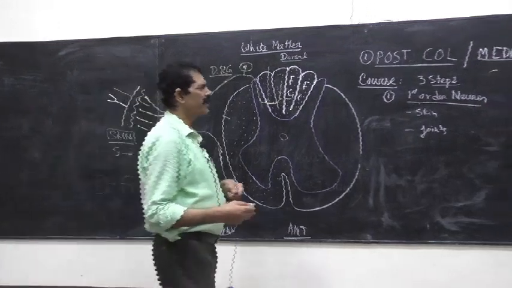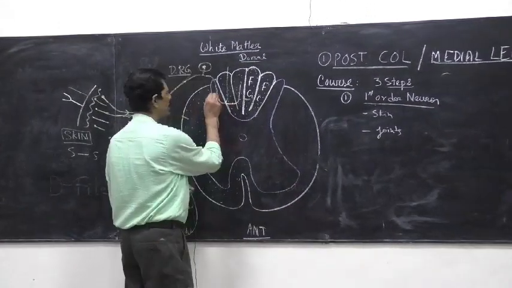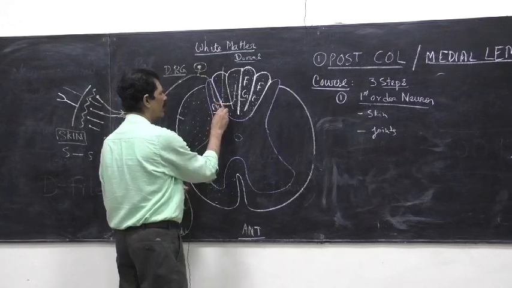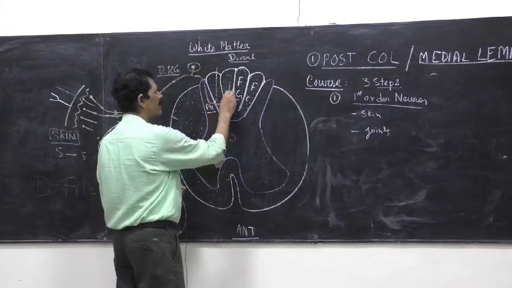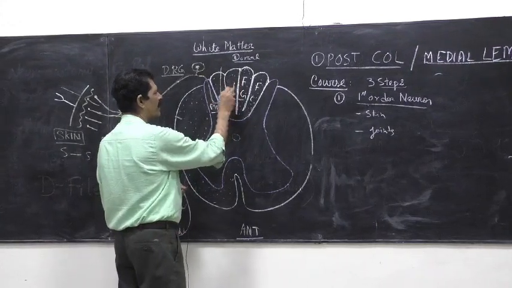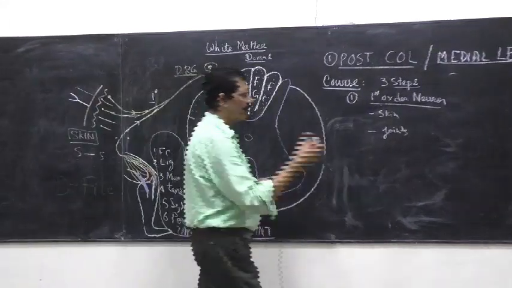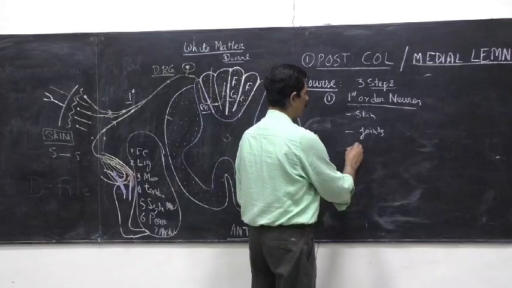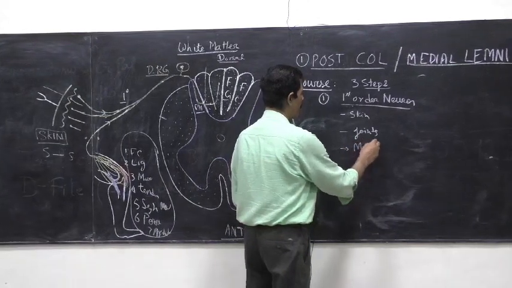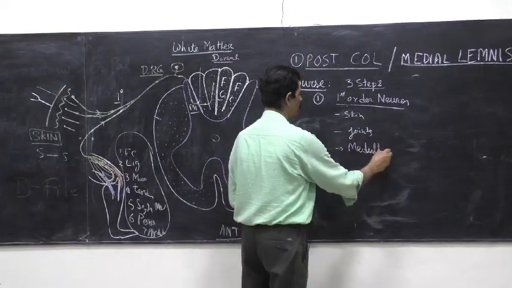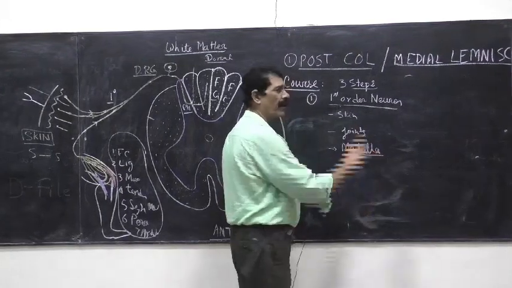Now after that, these first order neurons reach the posterior horn, but they do not relay here, and they directly ascend in the fasciculus gracilis and cuneatus. Then next, from the spinal cord, they reach the brain. And which part comes first when we're going from below upward?